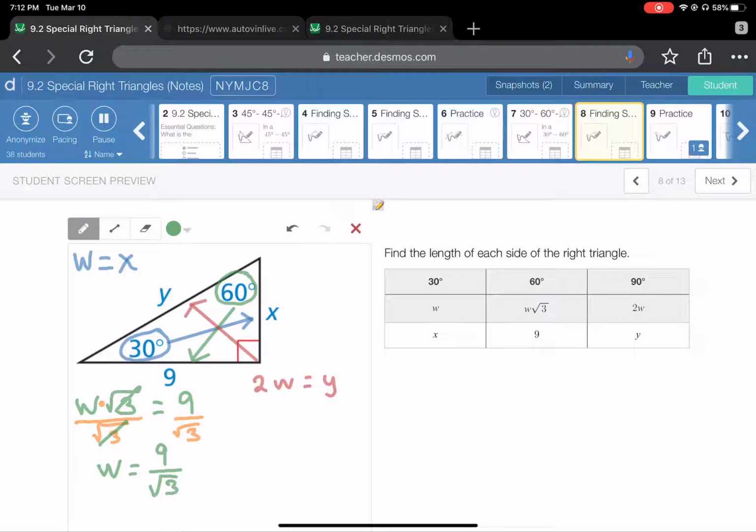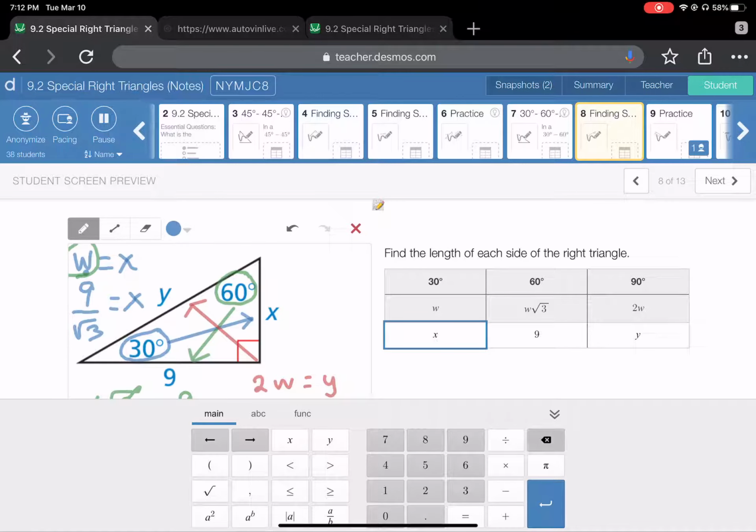Okay, so then that is going to give us, this is key, once we have W, we're able to find all the sides. Okay, because here we have a W, so I could change that. I can say that X is now equal to 9 over the square root of 3, because W was 9 over the square root of 3.